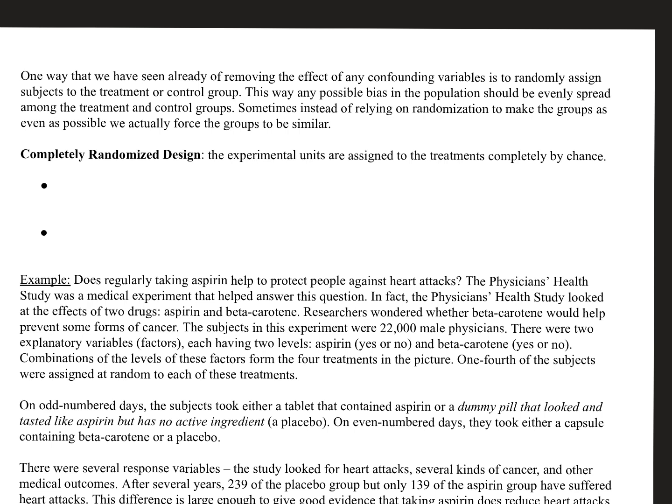So a couple things when we talk about a completely randomized design. That's a type of experiment you can do. That's when the experimental units are assigned to the treatment groups completely by chance. So when you do that, your treatment and control groups will be about the same size.